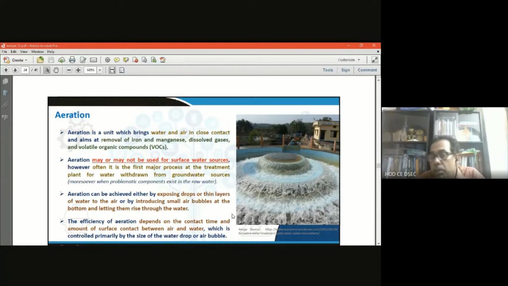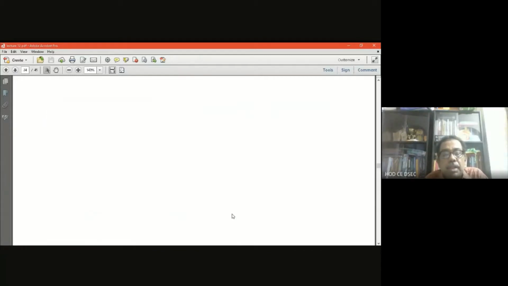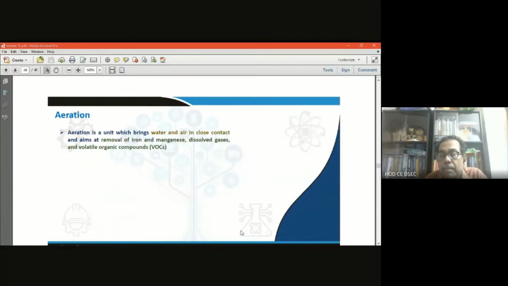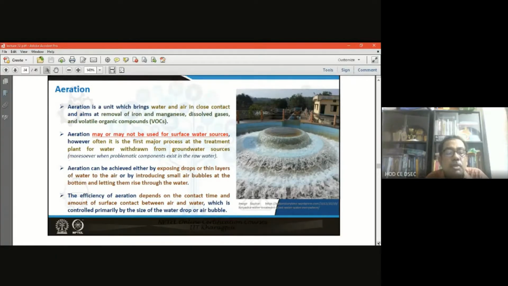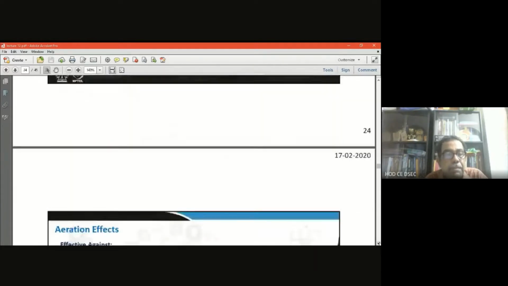The efficiency of aeration depends on the contact time and the amount of surface contact between air and water. The contact time is very, very important, and it is controlled primarily by the size of the water drops or air bubbles.